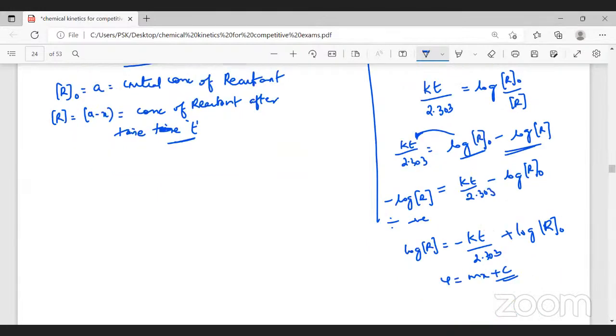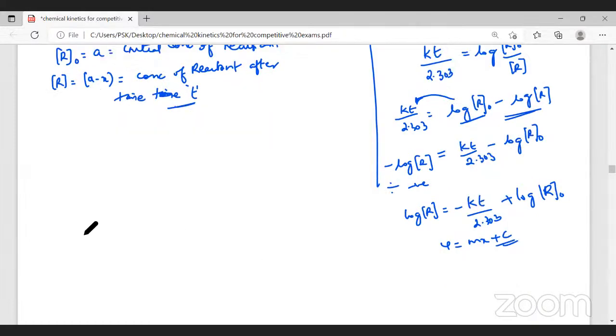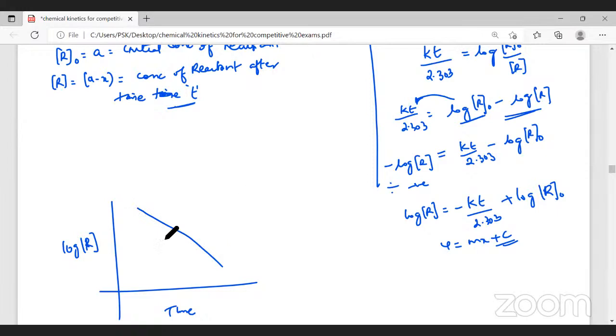This is the equation for a straight line in mathematics. So now when you plot a graph of log R versus time, we get a straight line like this. And the slope for this straight line will be minus k by 2.303.